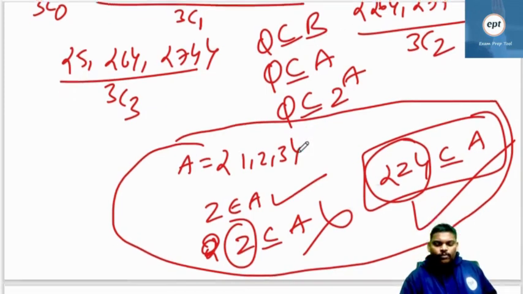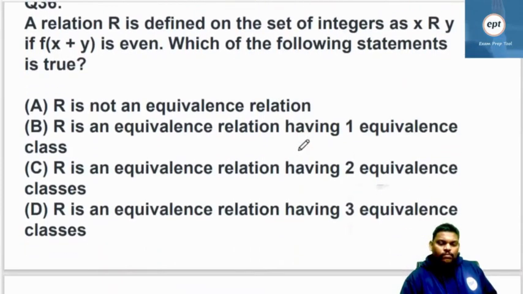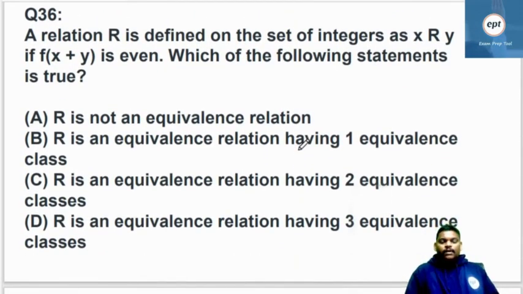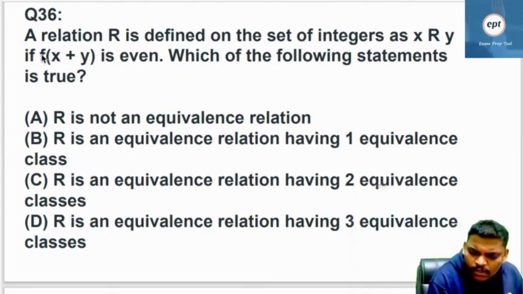Now go to the next problem. Go to 36. A relation R is defined on the set of integers as x R y if and only if x plus y is even. So it is not "if f", this is "if and only if".